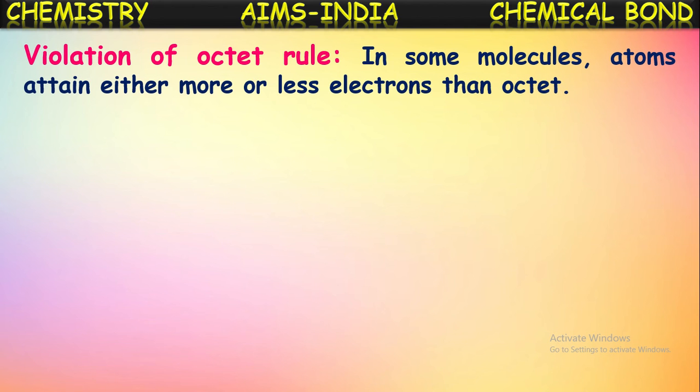Sometimes some atoms get more than 8 electrons after bond formation, and some atoms remain with fewer electrons than an octet even after bond formation. These conditions we call violation of the octet rule. So in some molecules, atoms attain either more or fewer electrons than the octet after bond formation.